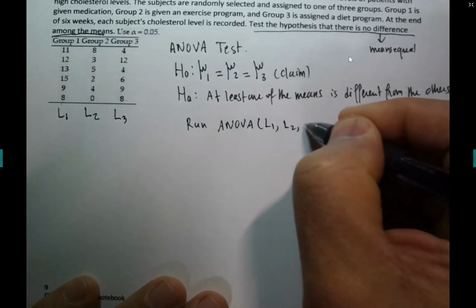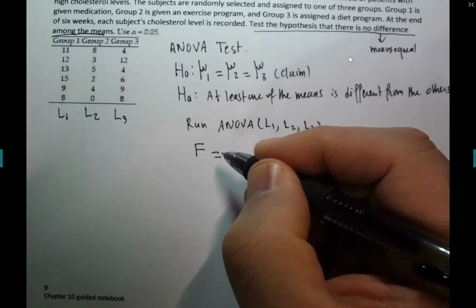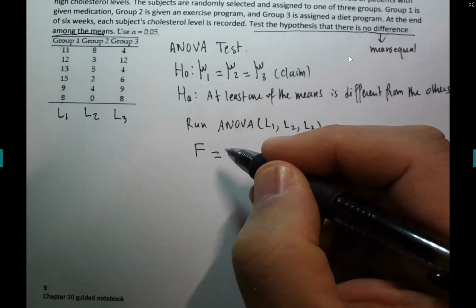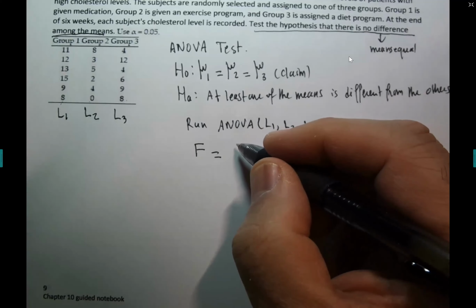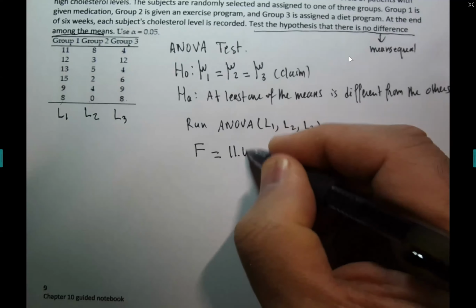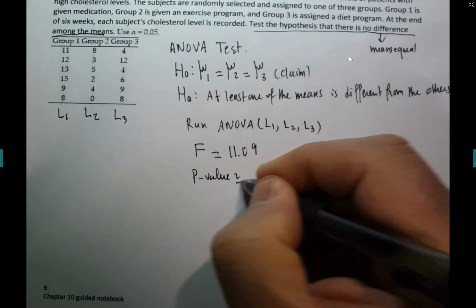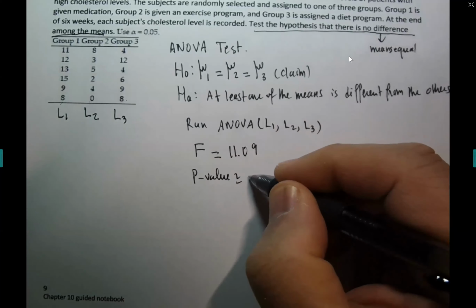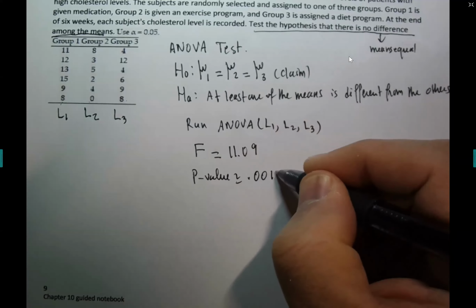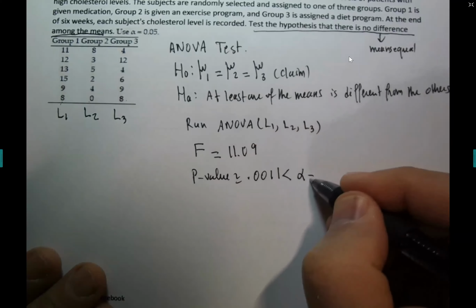ANOVA, L1, L2, L3: F is 11.095, so 11.09. Usually F is 2 decimal places. And p-value I'm going to do 4 decimal places, which is of course less than alpha 0.05.